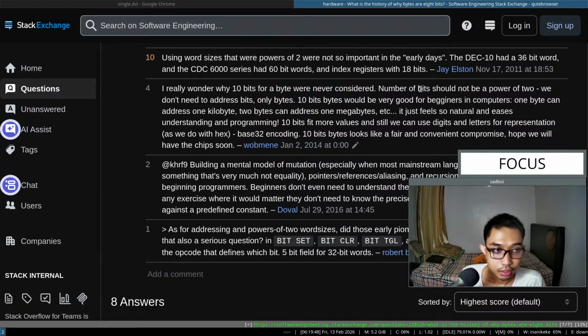The number of bits should not be a power of 2. You don't need to address bits, only bytes. 10-bit bytes would be very good for beginners in computers. 1 byte can address 1 kilobyte. 2 bytes can address 1 megabyte, etc. It just feels so natural and eases understanding and programming.